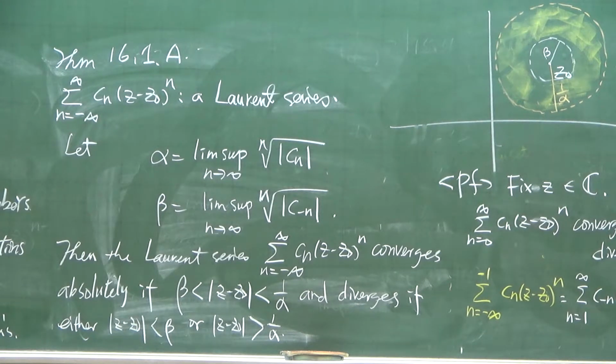And this one converges absolutely if the limit of |c_{-n} (z minus z0)^{-n}| is less than 1, then it diverges if it is greater than 1.